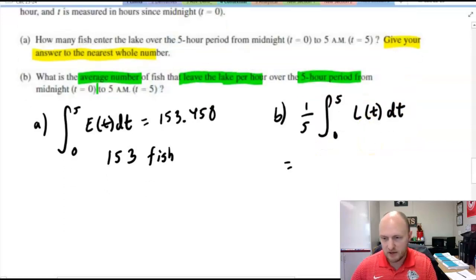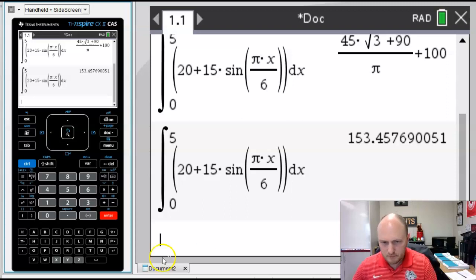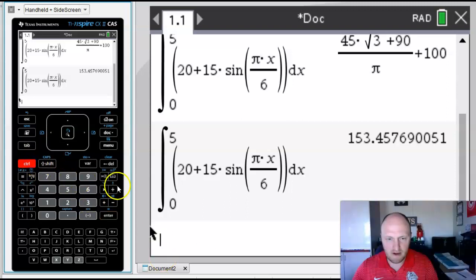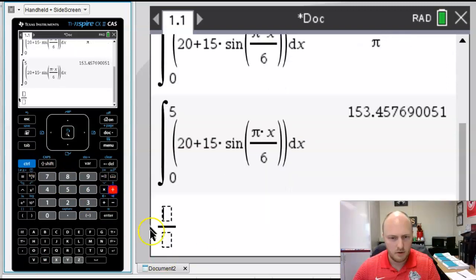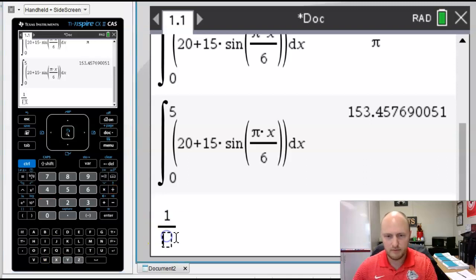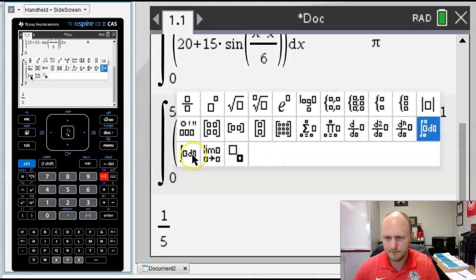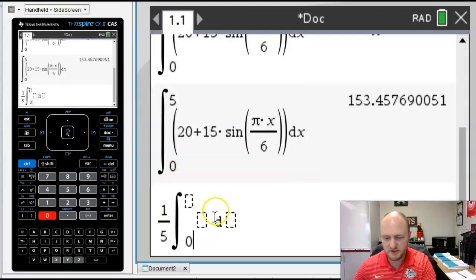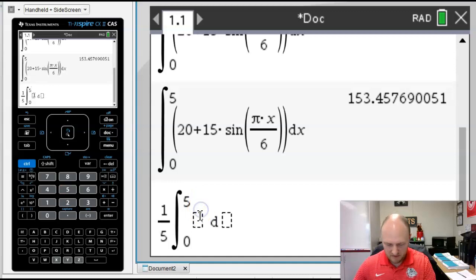You must document what you're putting down. And I'm going to bring up my calculator. Okay, and so I have 1/5 times the integral from 0 to 5 of L of t.